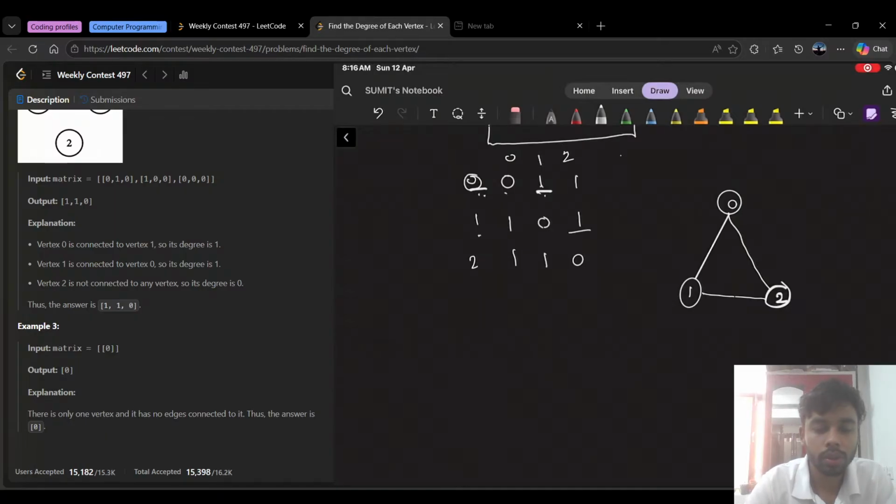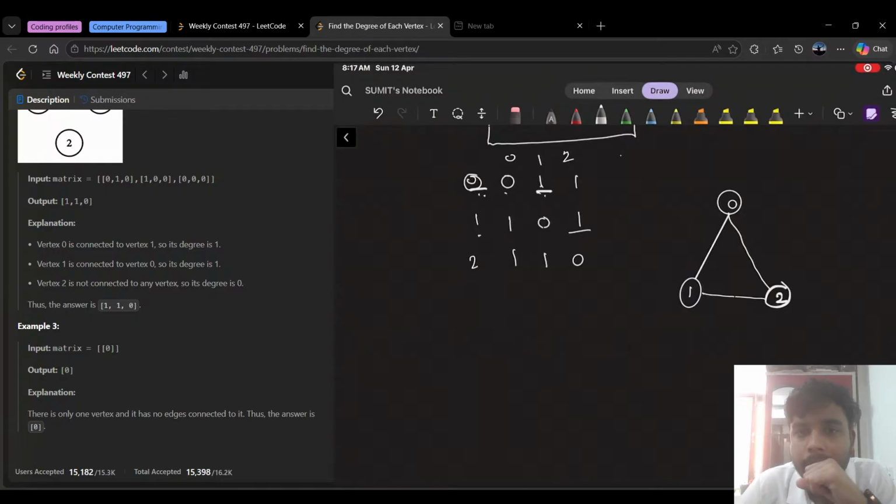It's matrix dot size. What, function does not return value?